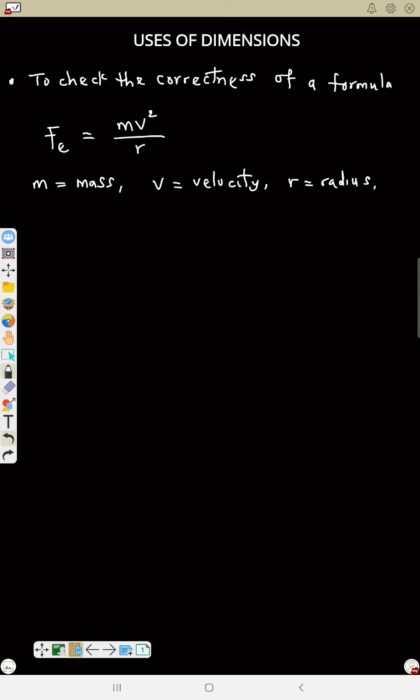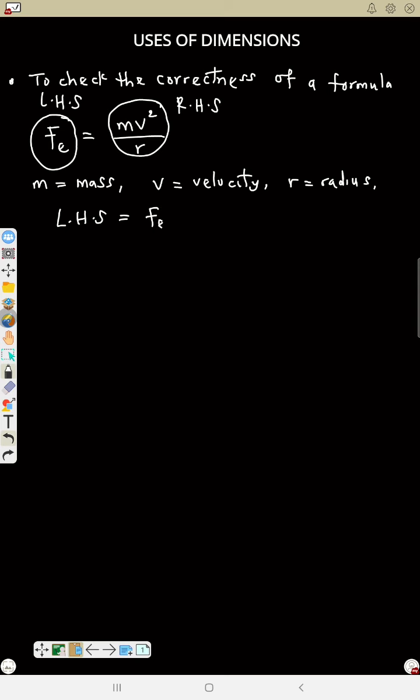To check whether a formula is correct or not, we will confirm the dimension of the left hand side and the dimension of the right hand side. On the left hand side, we have force.